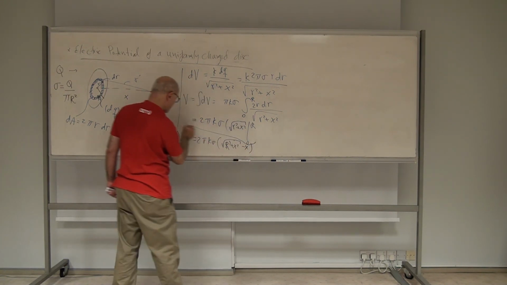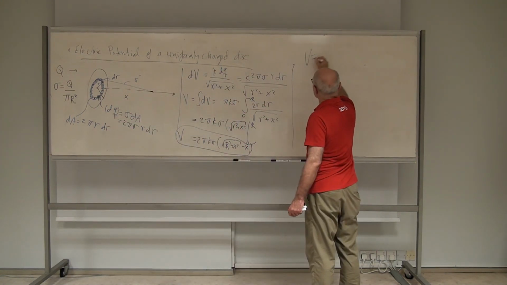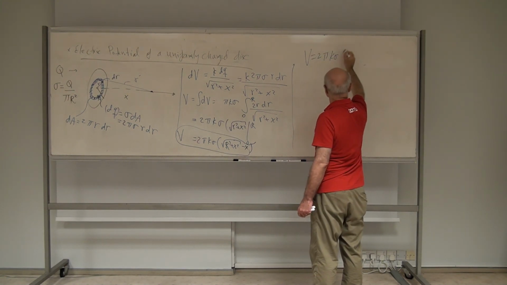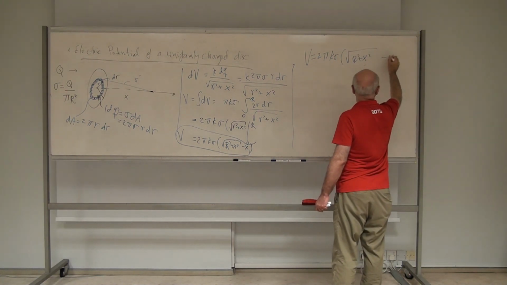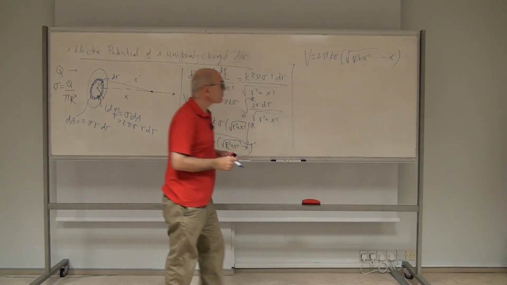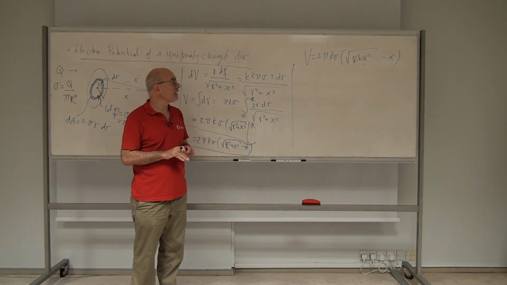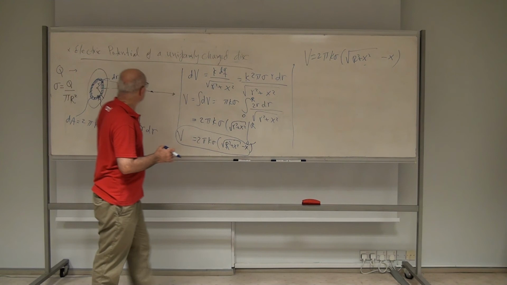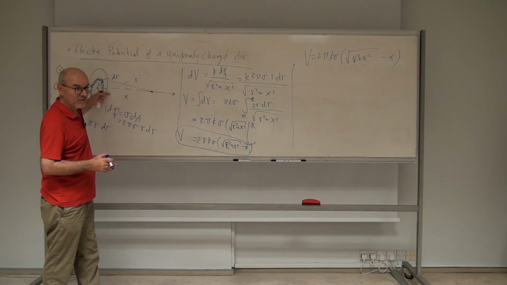Let me rewrite it here. So V for the disk is 2 pi k sigma times the square root of R squared plus x squared minus x. This is the expression for the electric potential of a uniformly charged disk at any point at a distance x along the axis of that disk.